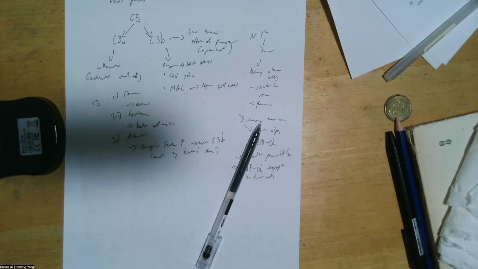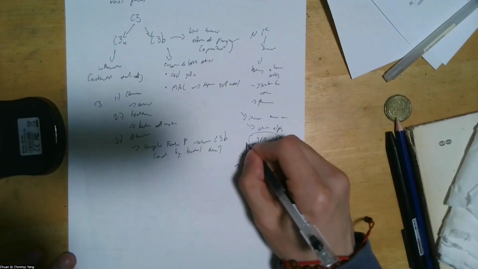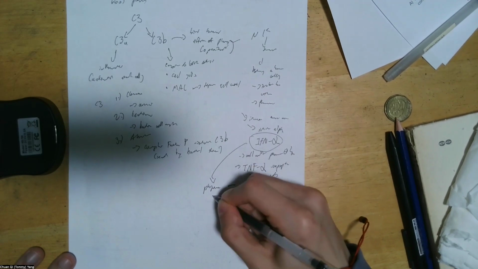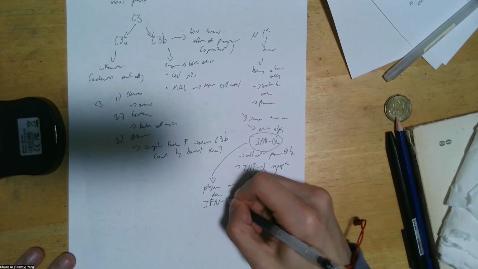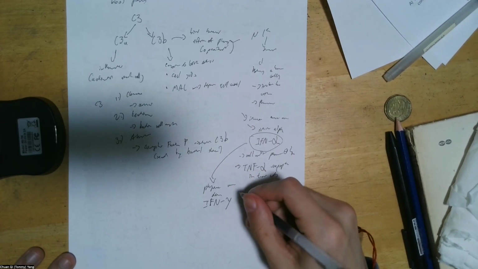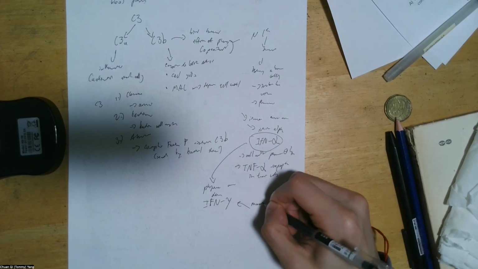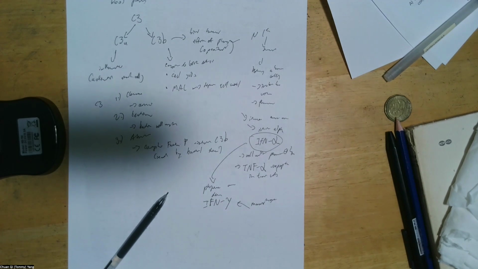So IFN alpha is a cytokine, whereas TNF alpha is just apoptosis. Basically, IFN alpha attracts phagocytes to remove debris. And IFN gamma is a chemokine attracting macrophages to the area. And these are the steps of innate immunity.